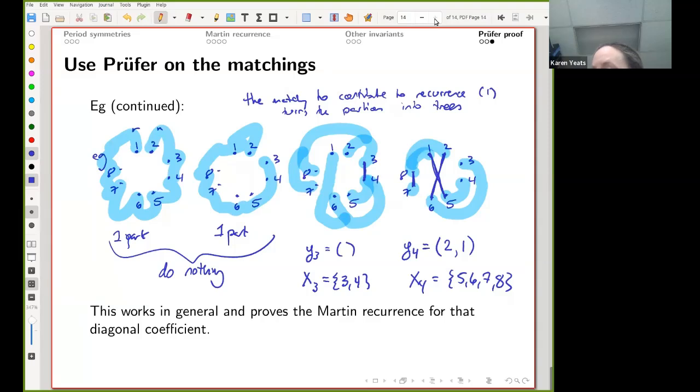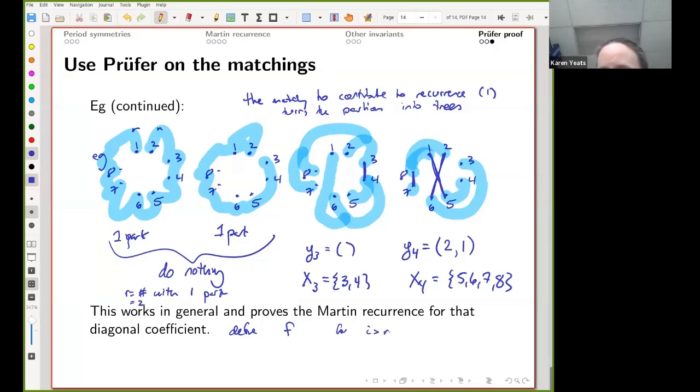And so here's what I'm going to do. I'm going to define F as follows. So I'm going to say R is the number of these guys that have only one part. So R equals number with one part, which in this case equals 2.